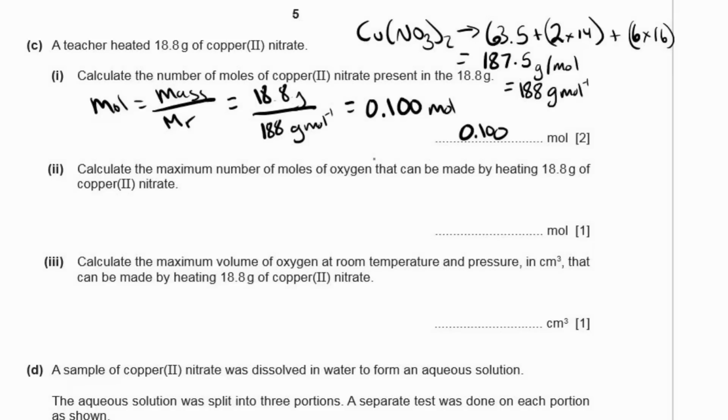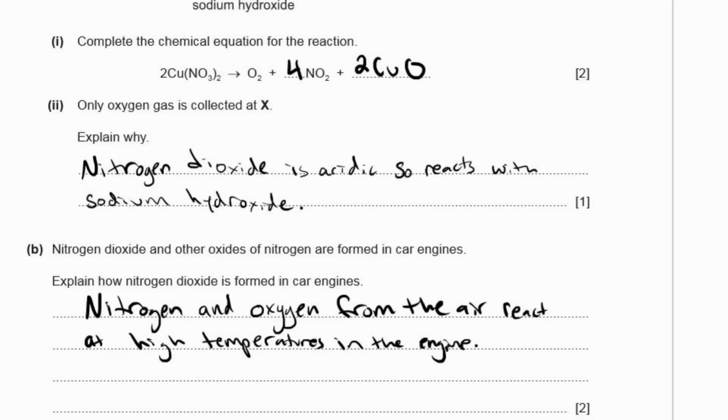2 nitrate. All right, so to do that, we need to look at the formula again. We need to look at the ratio. So if we look at the ratio of CuNO3 to O2, you'll see that CuNO3 to O2, that's a 2 to 1 ratio.